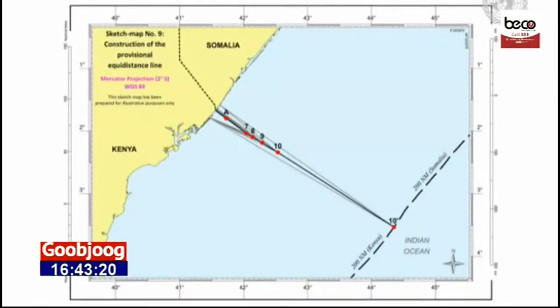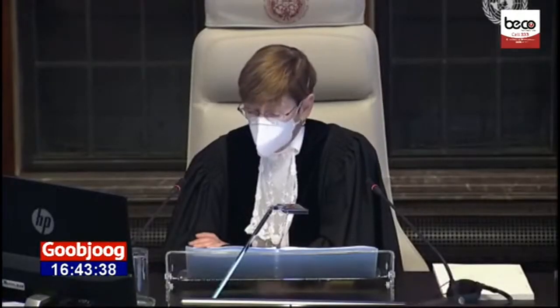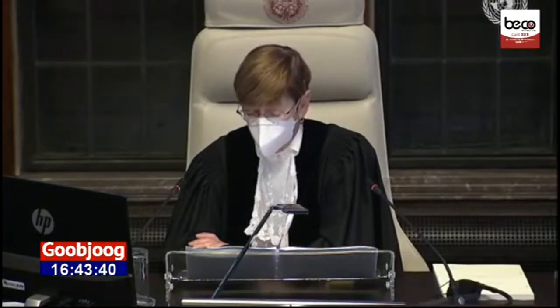The Court next considers whether there are factors requiring the adjustment or shifting of the provisional equidistance line in order to achieve an equitable solution. The Court recalls that Kenya perceives the provisional equidistance line as inequitable, while Somalia does not see any plausible reason for adjusting the line and believes that it would constitute an equitable boundary.